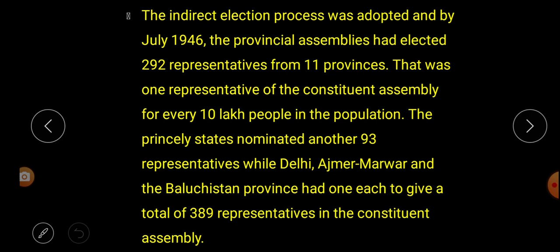At the same time, the princely states had nominated 93 representatives. Altogether, 389 representatives in the Constituent Assembly were elected in July 1946.